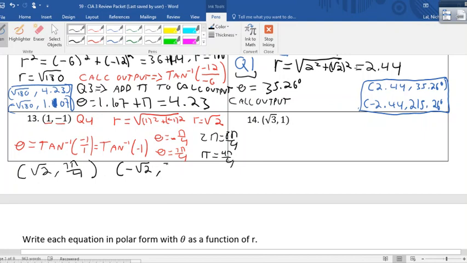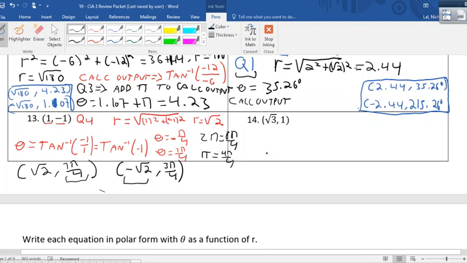We start at 2 pi, subtract pi over 4, that gives us 7 pi over 4, a radian value between 0 and 2 pi. If we make our r value negative, we have to change our angle by 180 degrees, or pi radians, which is 4 pi over 4. So we subtract 4 pi over 4 from 7 pi over 4, giving us 3 pi over 4.